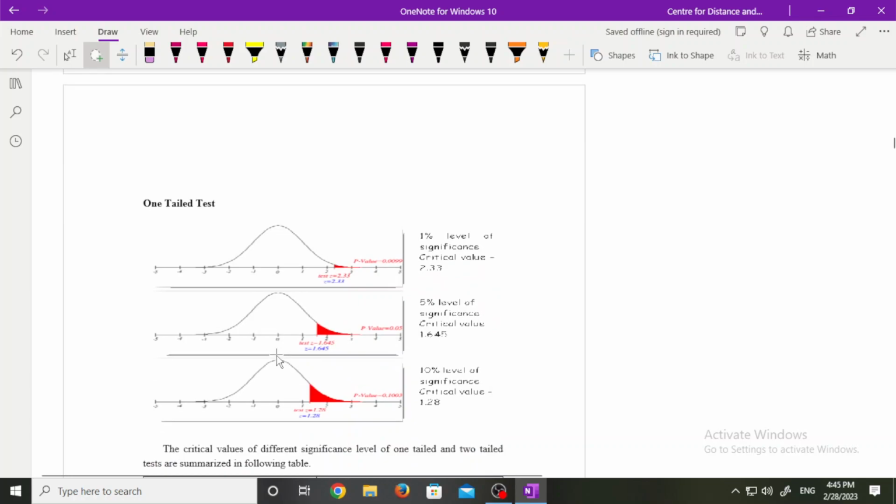And for 1% level of significance, the critical value is 2.33 for the one tail test, and similarly for 5% and 10%.